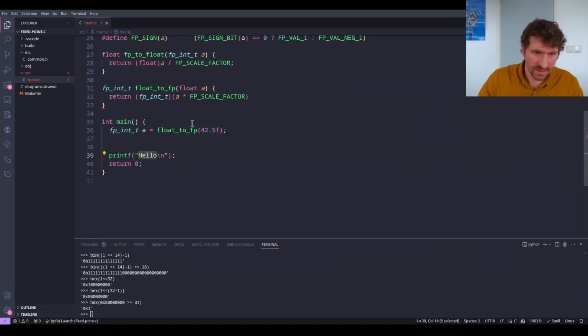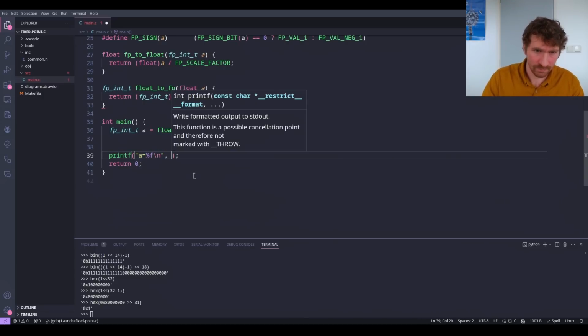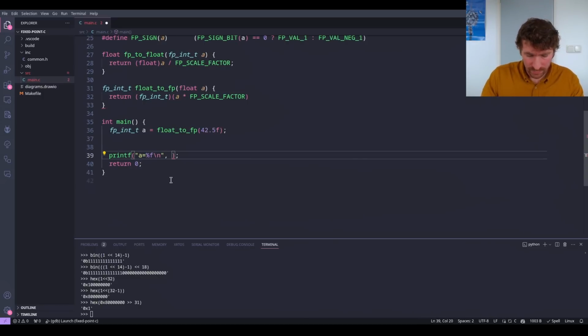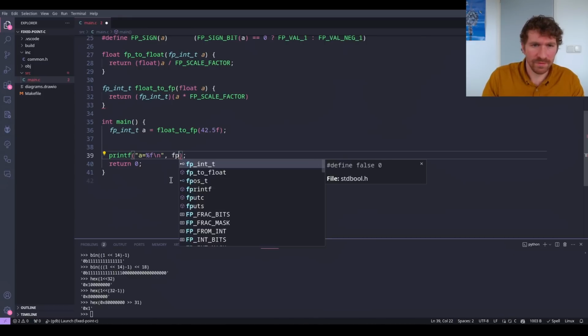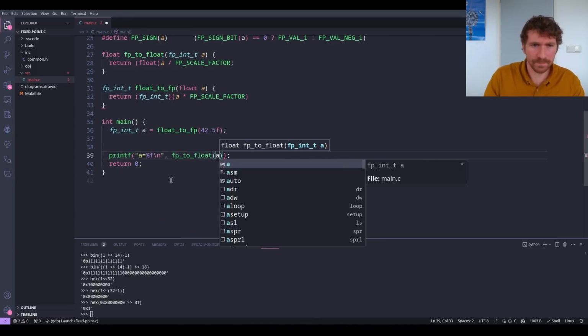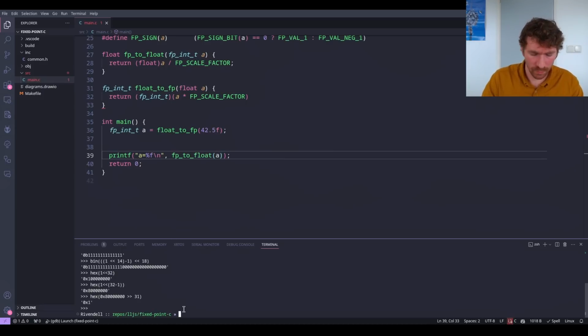So this is going to be A equals %f, and we will use fixed point to float. Let's just see if that works before we do anything else. So make run.